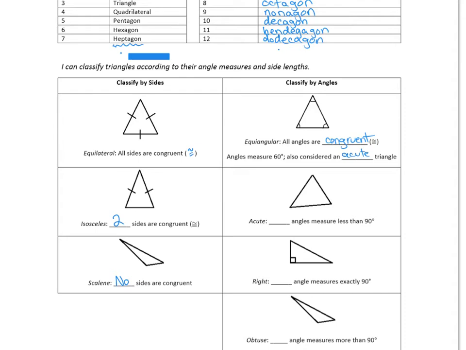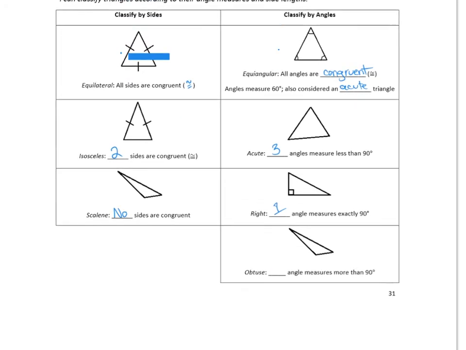So an acute triangle has 3 angles that measure less than 90. A right triangle has 1 angle exactly 90, and an obtuse triangle has 1 angle that measures more than 90.